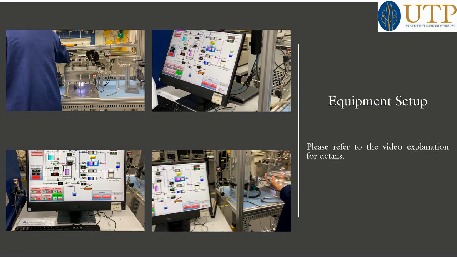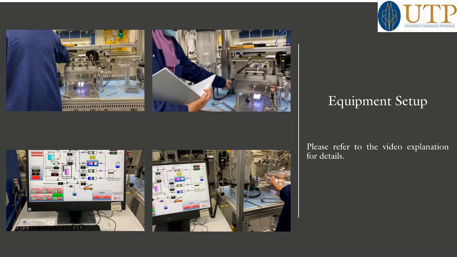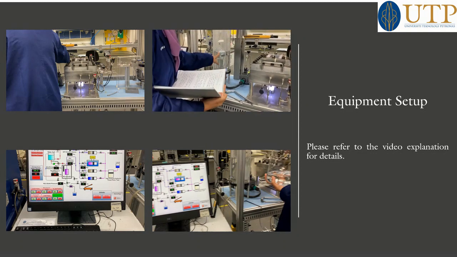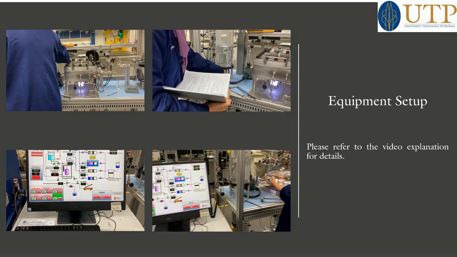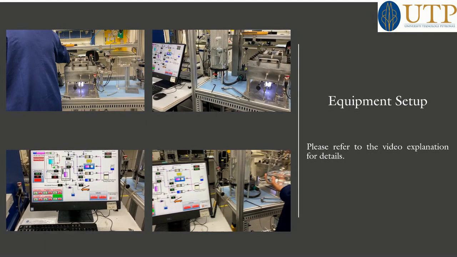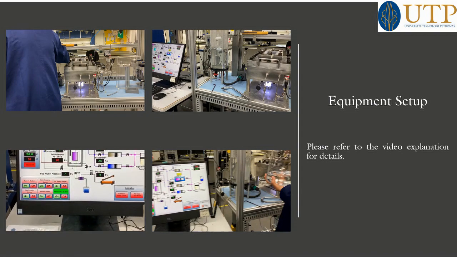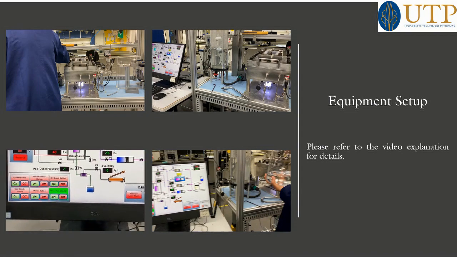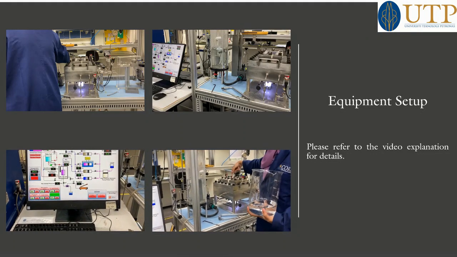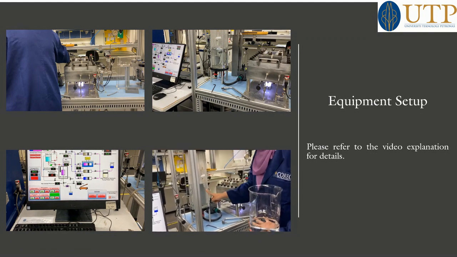So now this pump is working and taking the water from this water container. It is already filled, that's why the water is coming from the Micromodel to the container through this line.